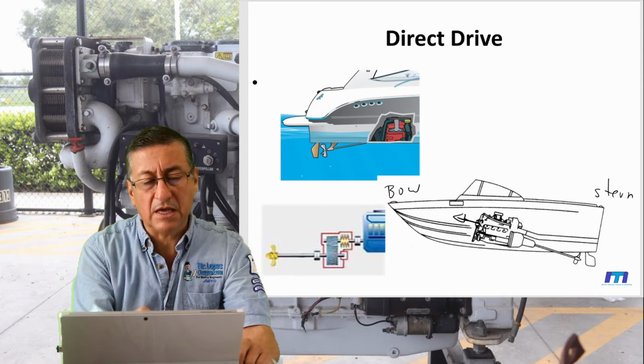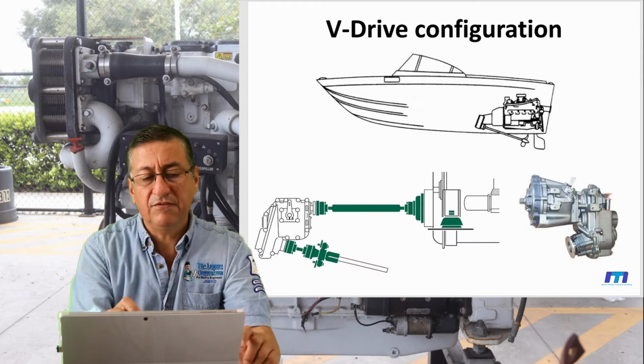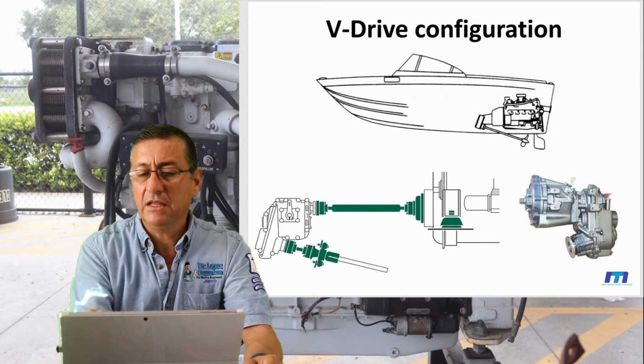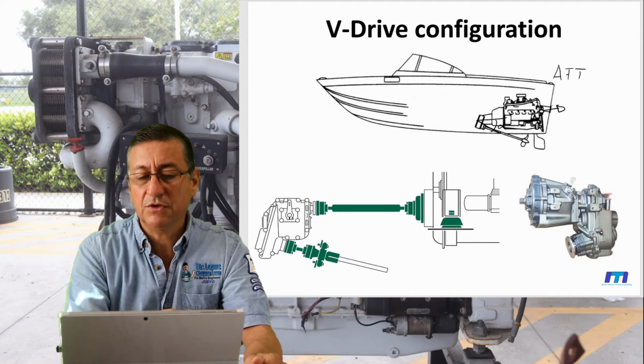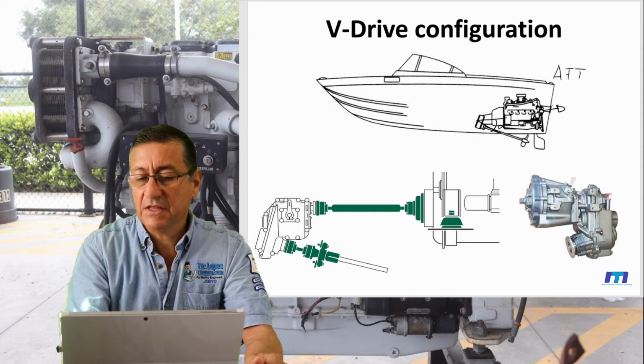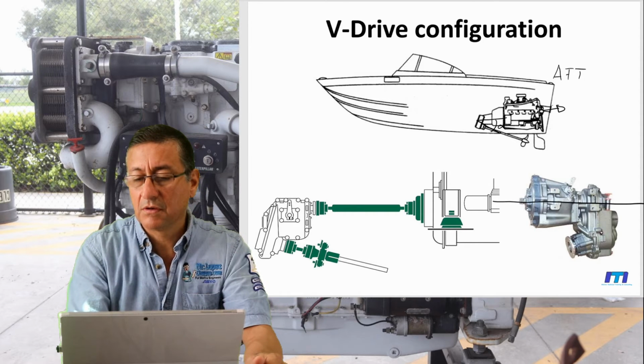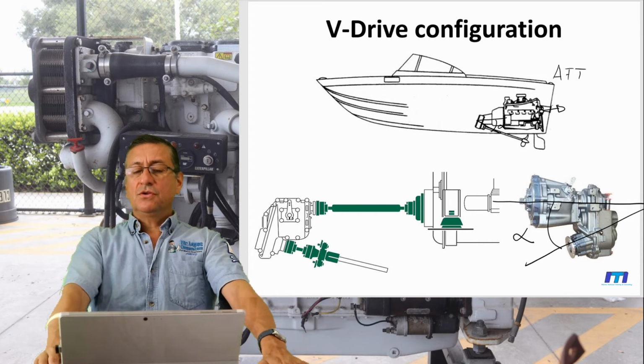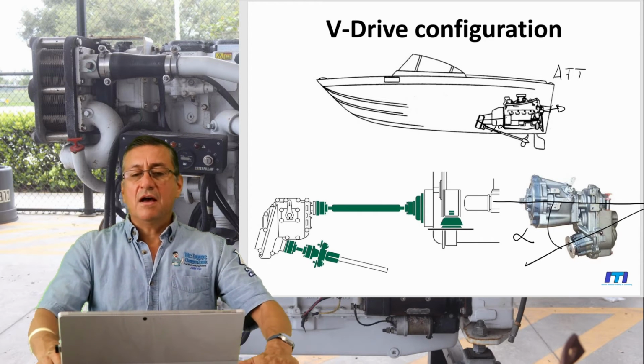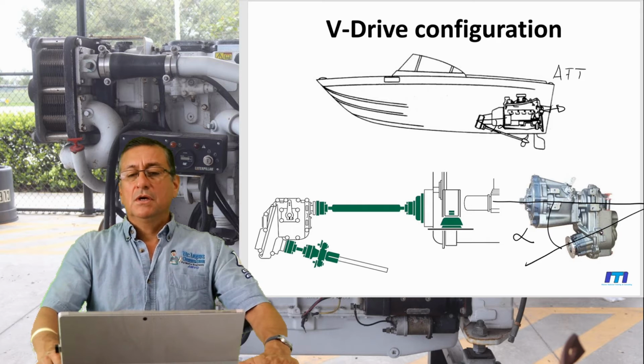In this design, in the V-drive, the engine is facing aft into the transom, and the transmission is at a V angle. For that reason, it's V-drive. Look, this is the angle of the transmission. It's a V. For that reason, you call this system a V-drive configuration.